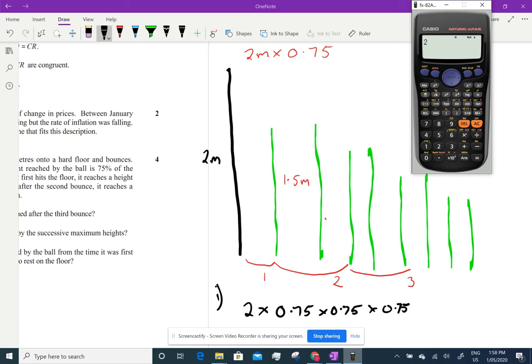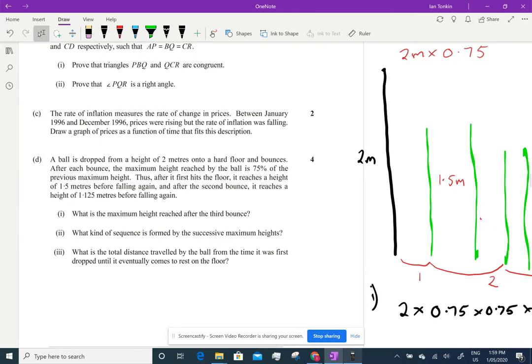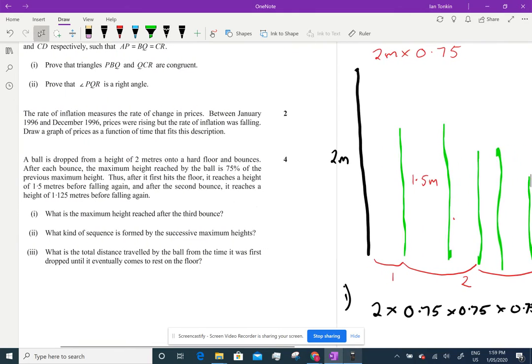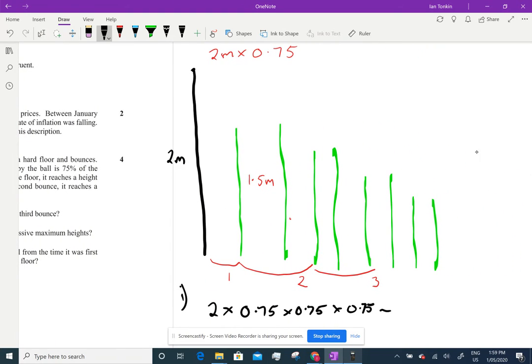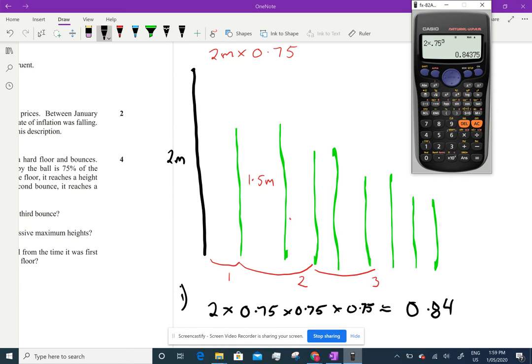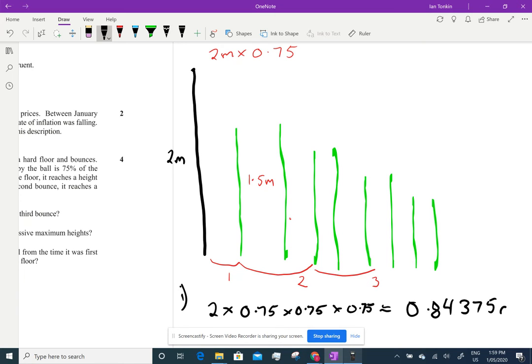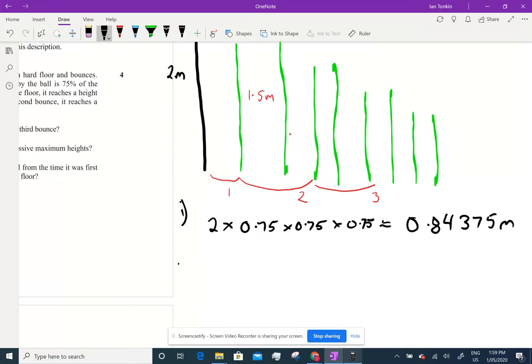So 2 times 0.75 to the power of 3. 0.843, and I'm just checking this because I don't want to mess it up. Oh, yep, there it is. And what do we get? 0.84375 of a metre.